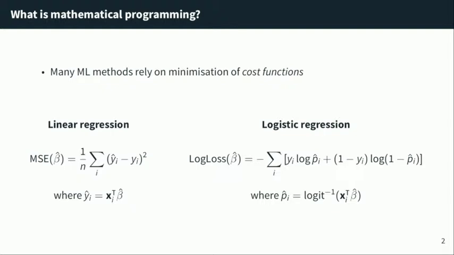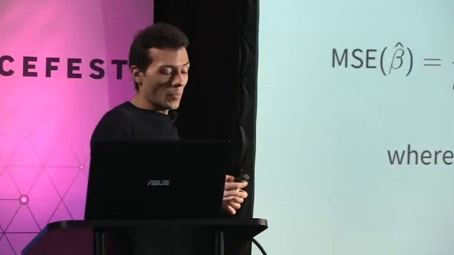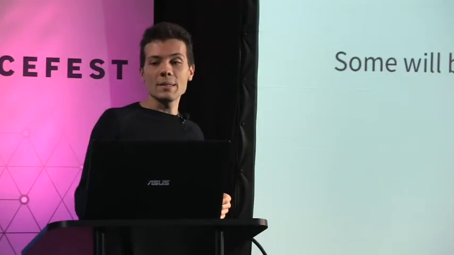If you're doing a logistic regression, you're trying to minimize log loss, that function down there to your right. If you're doing any sort of machine learning, really, you're trying to minimize a cost function. Linear SVMs are included in this, in this very framework I'm going to present to you later. But even neural networks are normally optimized by gradient descent, which is something that will come up in a bit.